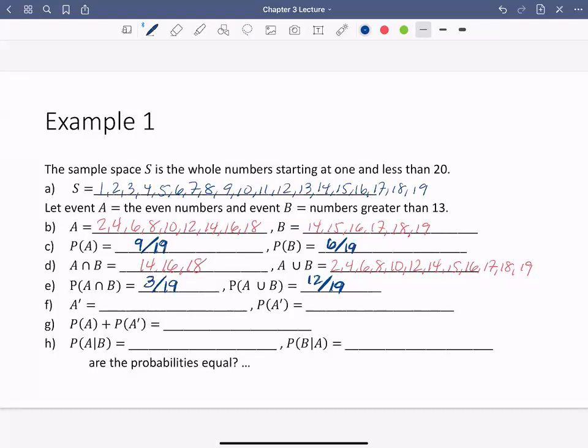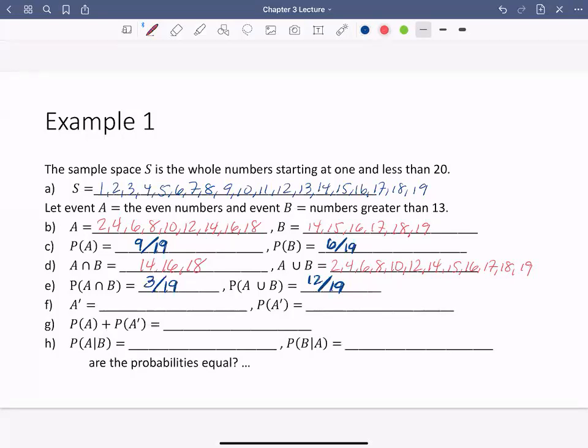Then we have, what is our complement of A? Our complement of A is everything that's not inside of A. So if everything inside of A is even, the numbers between 1 and 19 that are even, then what's not inside of A is all the numbers between 1 and 19 that are odd.